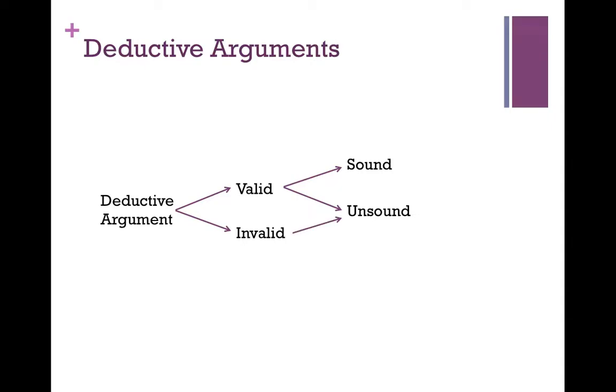So, like I said, the road to soundness, the road to heaven, is straight and narrow. You have to follow one path: valid, true premises. Whereas on the road to perdition, if you get off here, you have false premises, unsound. If you get off here, it's invalid, unsound. So, this is just a quick diagram to demonstrate everything I've been talking about to this point.